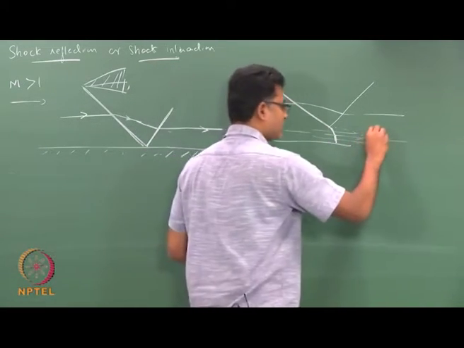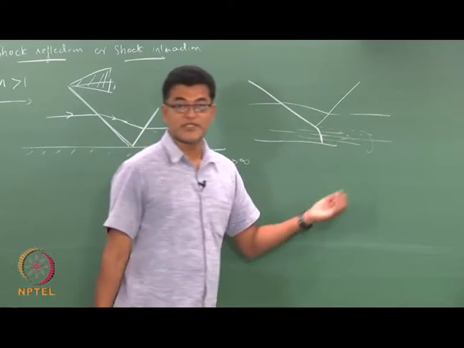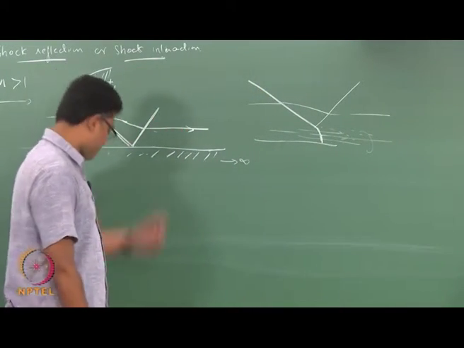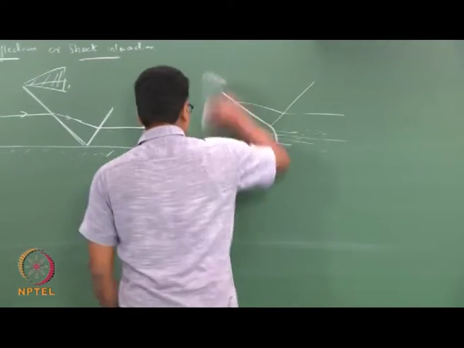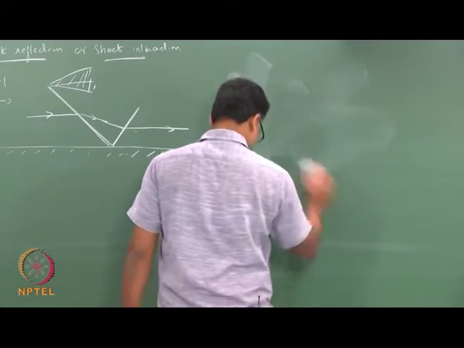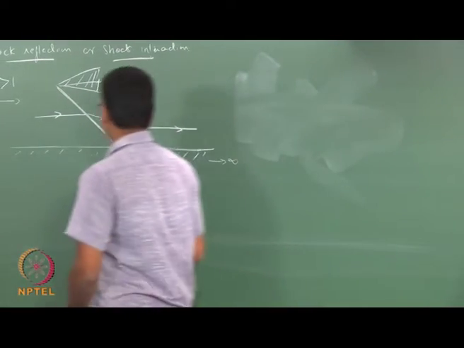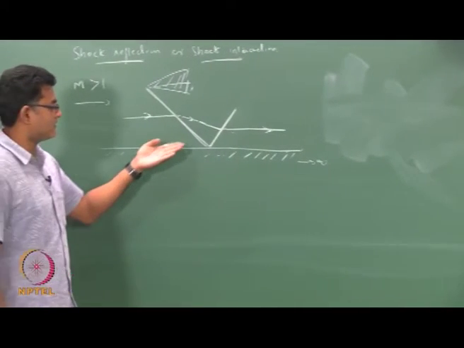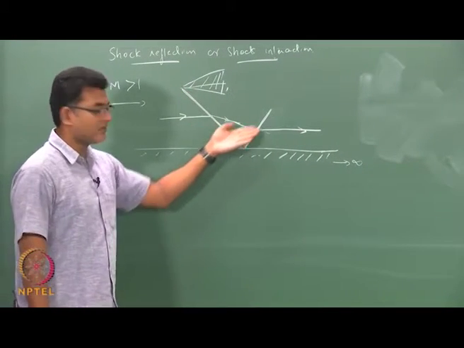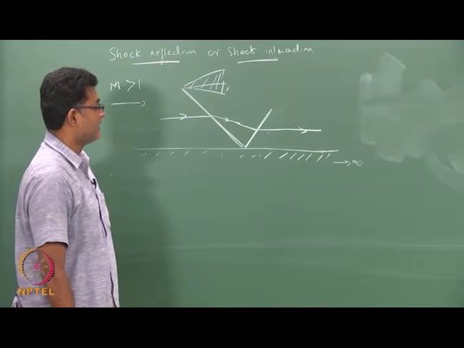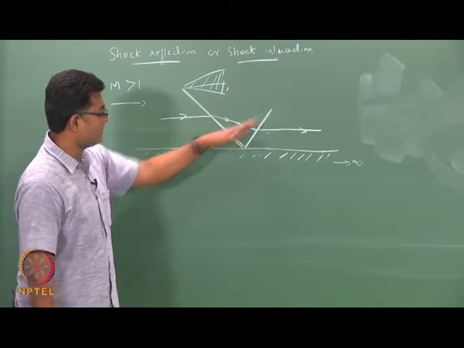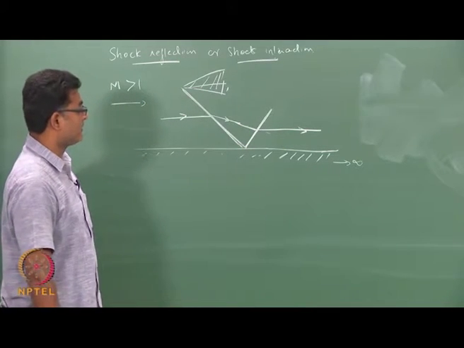If you consider viscosity, you can also have separations and other things. Let us not discuss that, rather we will discuss the first case, which is the inviscid flow, and we will restrict to a regular reflection from the surface. Okay. So, I have a reflection from the wall.